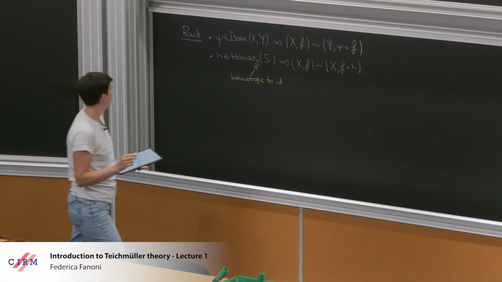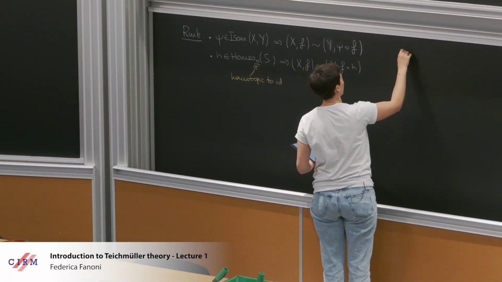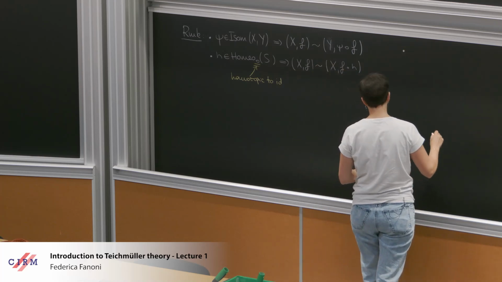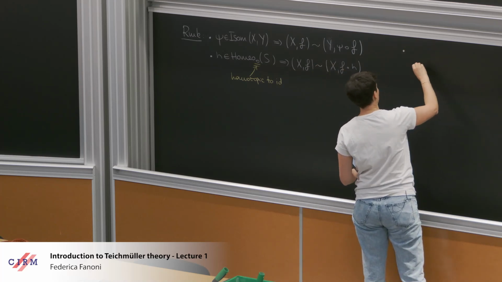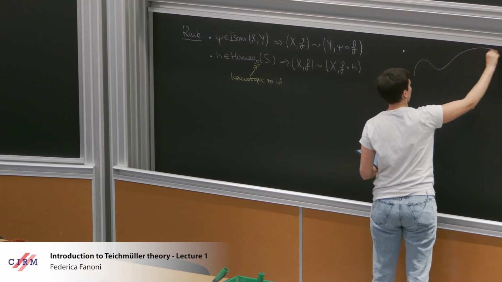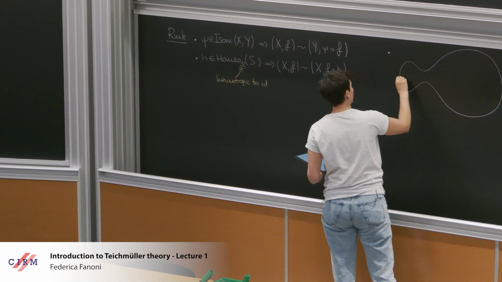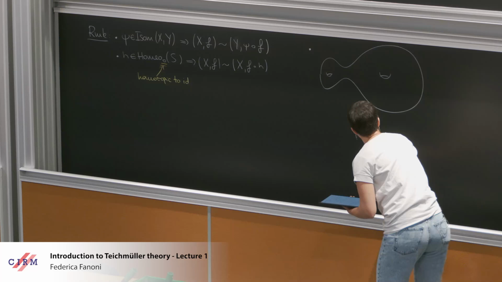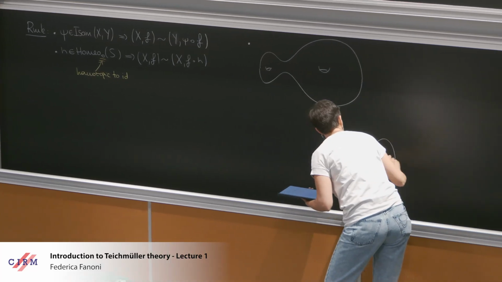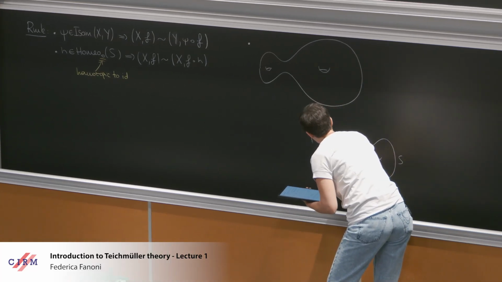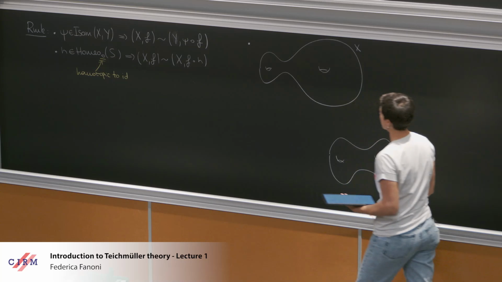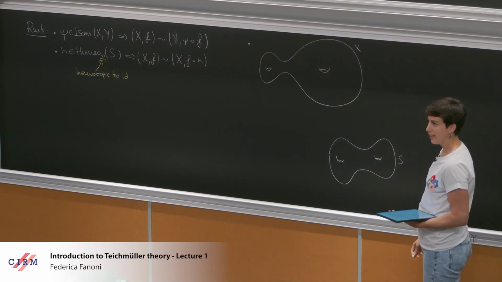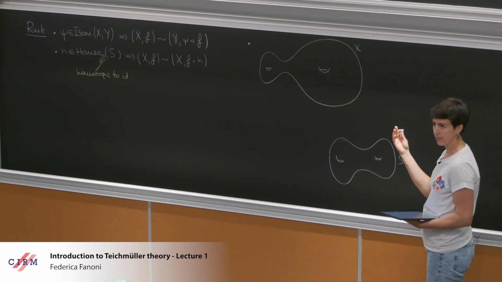And then maybe another example that might be a little confusing, but okay, I'm going to draw one hyperbolic surface. So I have my fixed S. I have a hyperbolic surface there, and then I draw the same thing, but I reflect it.